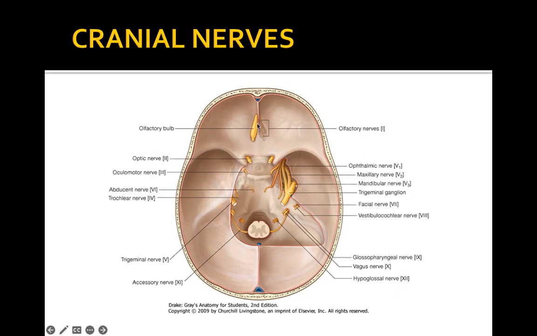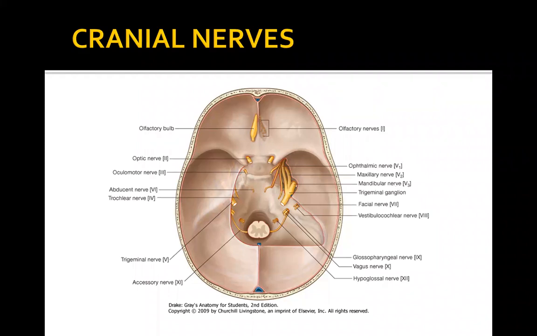And when they come out, this olfactory bulb will be formed. Then this will be the optic nerve, okay? Then you have a superior orbital fissure here that is containing 3, 4, 5, and 6. That's the cranial nerves, okay? 3, 4, 5, and 6.